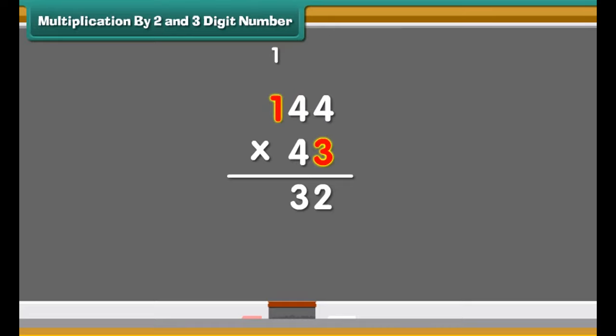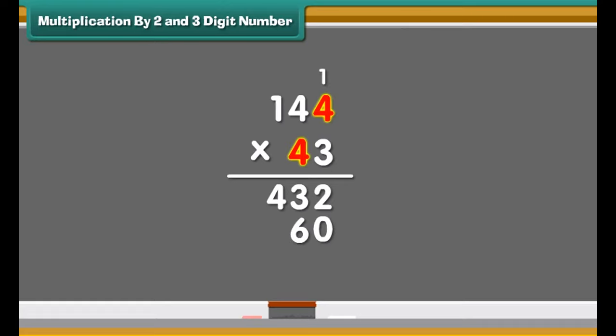Multiply 3 with the number on the hundreds place and add 1 which was carried forward. We write 4 in the hundreds place. Now add a 0 on ones place and multiply 4 with the number on ones place. 4 times 4 is 16. Write 6 in tens place and carry the 1 forward to the hundreds place.